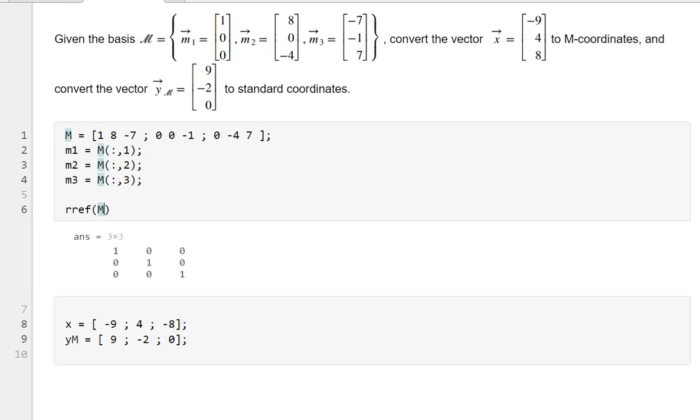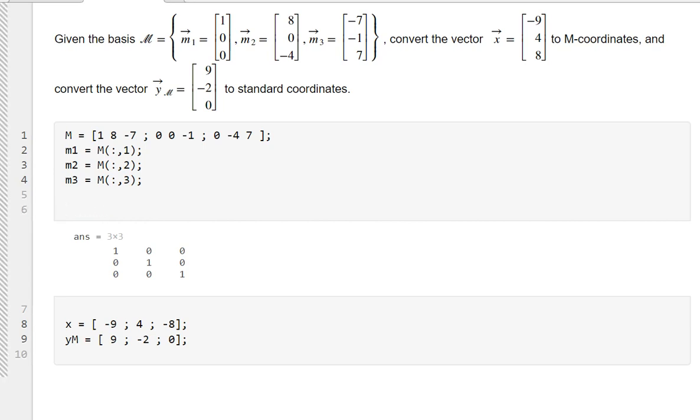As long as the row reduced form has 3 pivots, then we know that the 3 vectors are linearly independent, and anytime that we have 3 linearly independent vectors in R3, then we have a basis for all of R3.